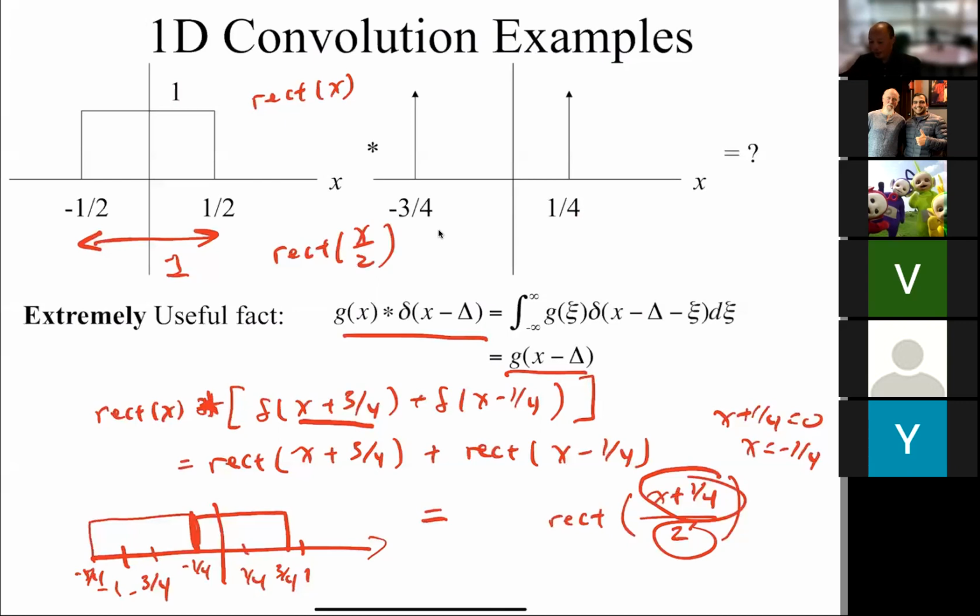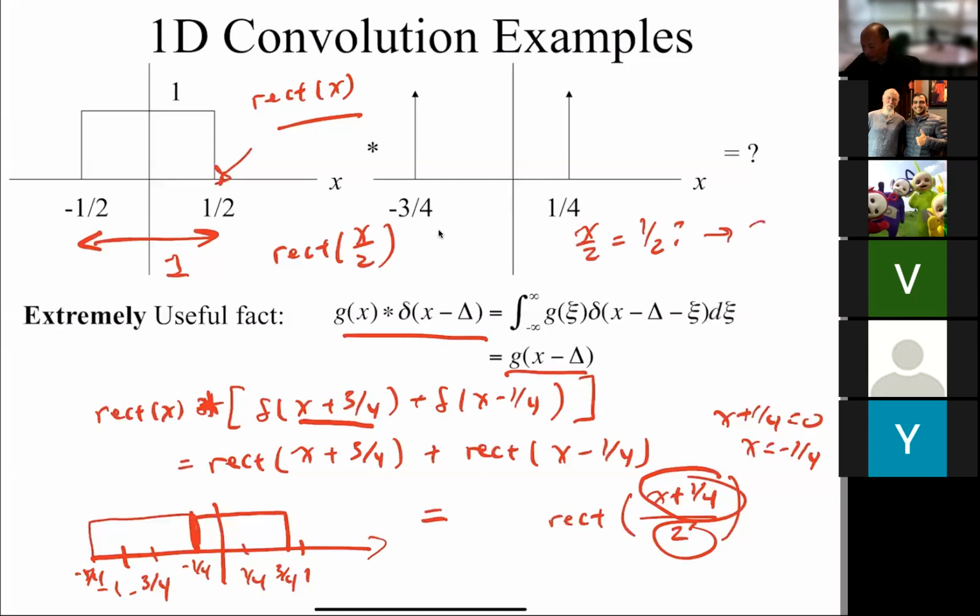You know that the edges of rect are 1/2 and minus 1/2, because rect is only defined from minus 1/2 to 1/2. So that's rect of x. If I want to know what the edges of rect of x over 2 are, I ask myself, when does x over 2 equal 1/2?